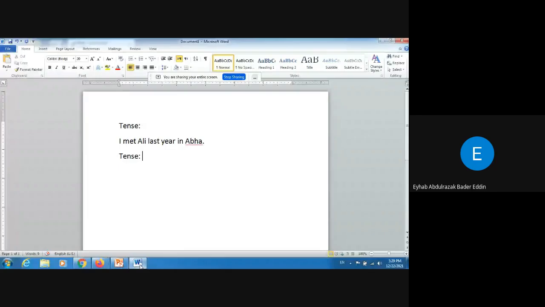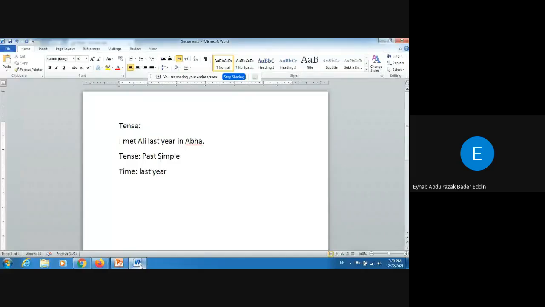Yes. This is past simple, right? This is the tense. And what is the time? Time is last year. So it is very important to distinguish between tense and time. They are not the same, because some people probably wanted to say that the tense is last year, but this is the time, which is usually realized in the form of an adverb of time. So there is a difference between tense and time.